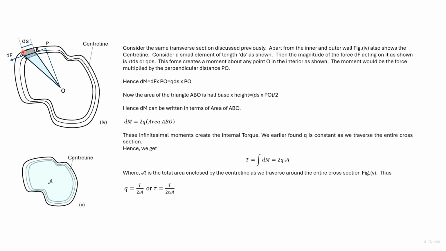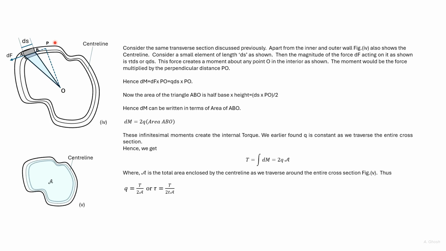Let us consider a small element of length ds, where the length ds is along the center line. Let t be the thickness of this element and tau be the shear stress acting.